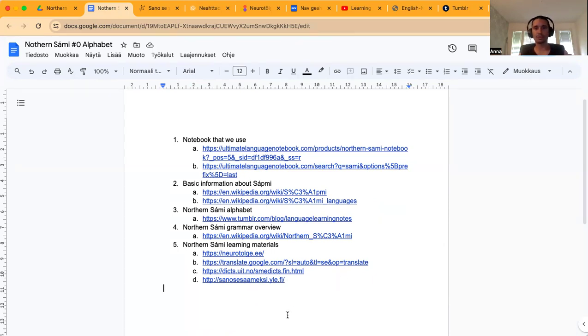So I wanted to first tell you about the alphabet, but also about the Sami people and Sapmi, the Sami homeland, because it's important to know these things. If you learn the language, you need to know also the culture and the context, like where this language is spoken.